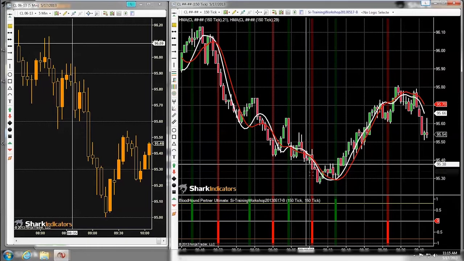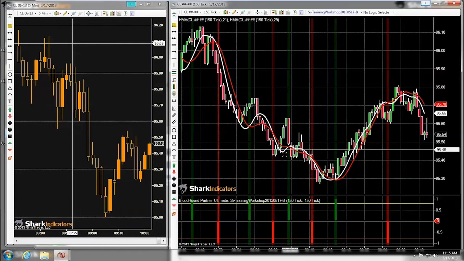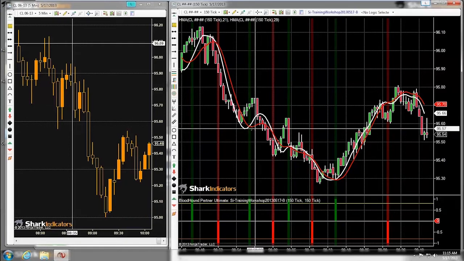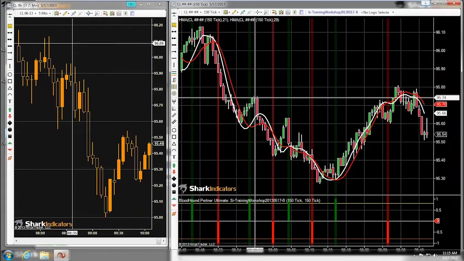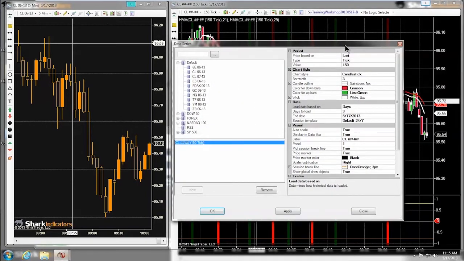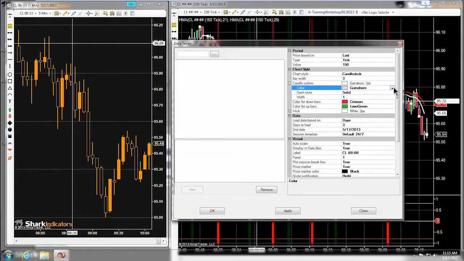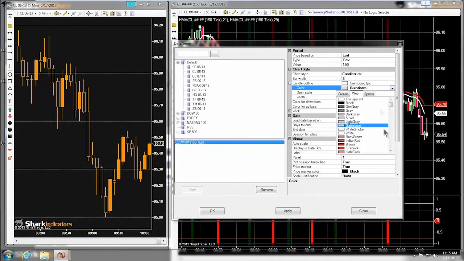Okay, great. So I can see my crossovers are still occurring in the same spot. So it looks pretty good. And let me change my color scheme here. I think it'll make the HMA indicators a little easier to see when they're crossing over.